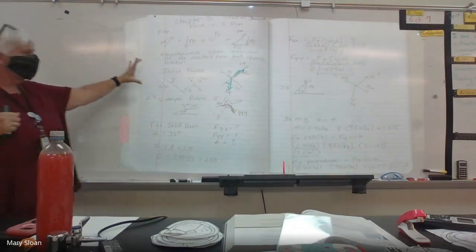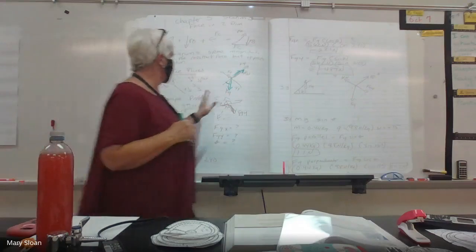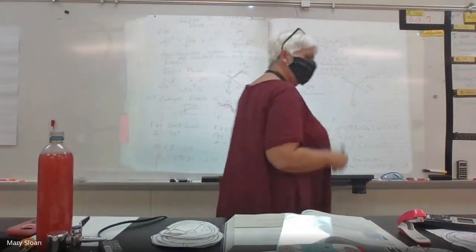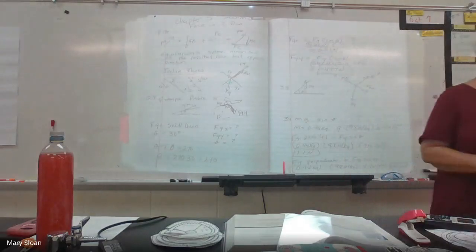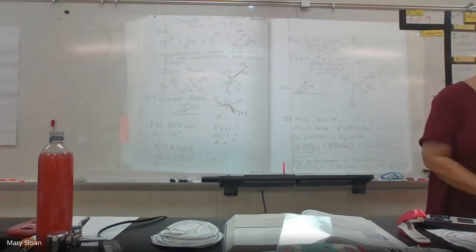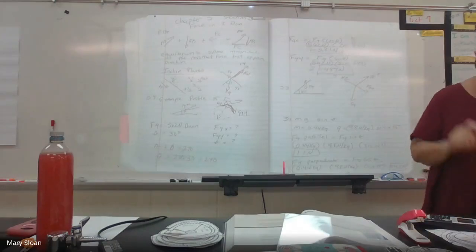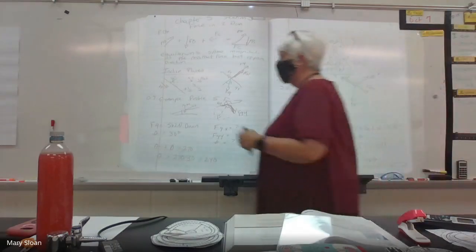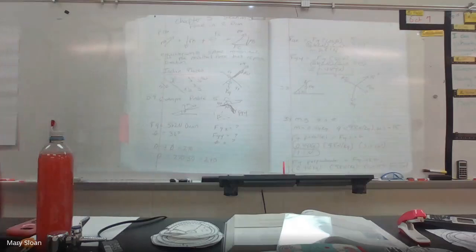So that one was the example of the girl on the slide. If you can, open up your textbook. Turn in your textbook to page 139. Now you have to have your textbook open. Don't worry about having your ISM book open because you can see it on the board.